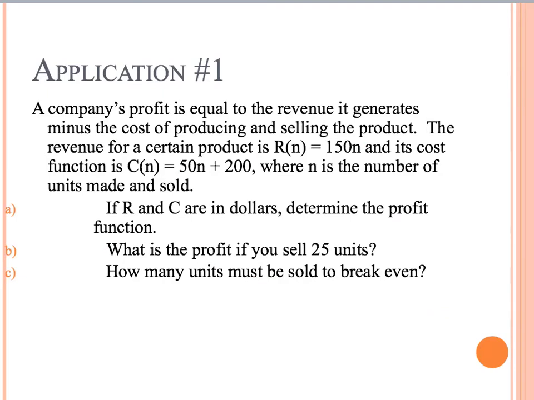And then we have a couple of applications. A company's profit is equal to revenue minus cost. The revenue for a certain product, R of n, is 150n, and the cost is 50n plus 200.